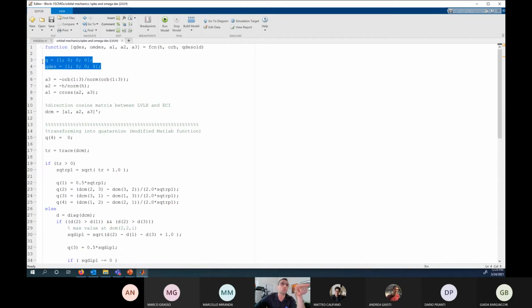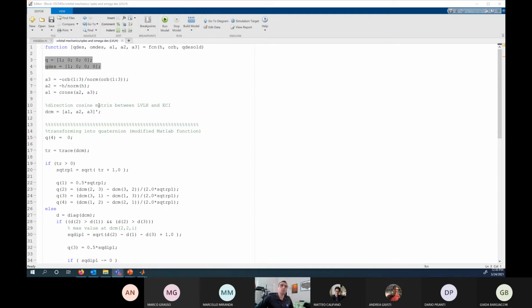As I told you at some point yesterday, some use a different definition of quaternions where the scalar part is the first element, but it doesn't matter. As long as you know it, you can move things around. But that's what this function is doing. And this is the DCM to quaternion function that I gave you, what comes after. It's the code taken from that.